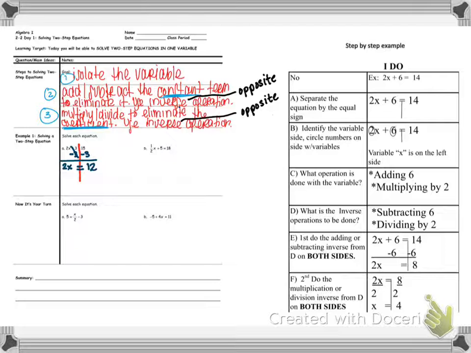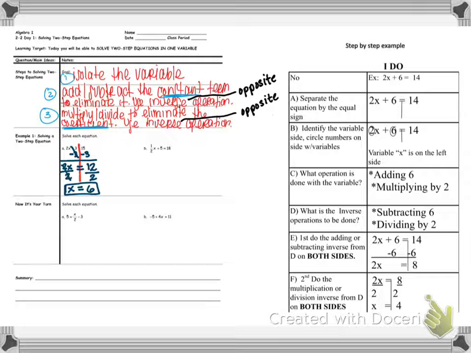So instead of multiplying, I should be dividing by 2 on both sides of my equal sign. 2 divided by 2 is just going to give me a 1. So now that's gone away. Equals, and then 12 divided by 2 is 6. That is an isolated variable. There's nothing else I can do, and that is your answer.